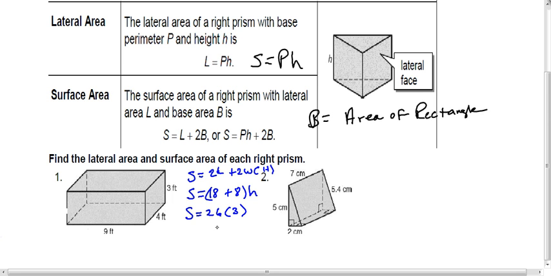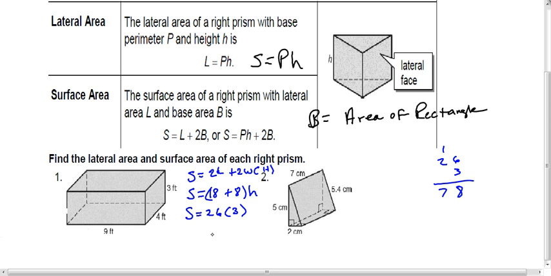Okay, when I multiply, 26 times 3, normally I'll put it on the calculator for us, but that's 18, and 3 times 2 is 6, plus 1 is 7.